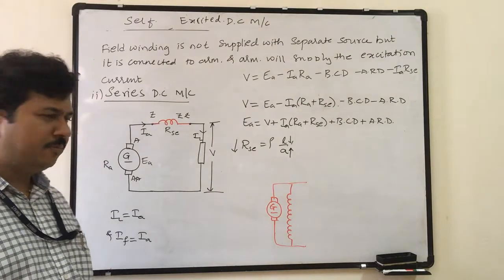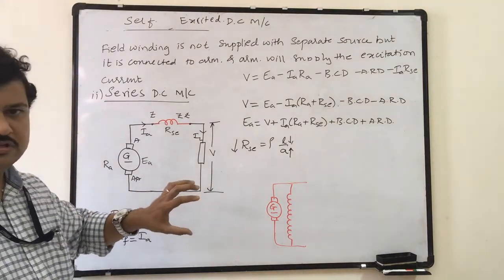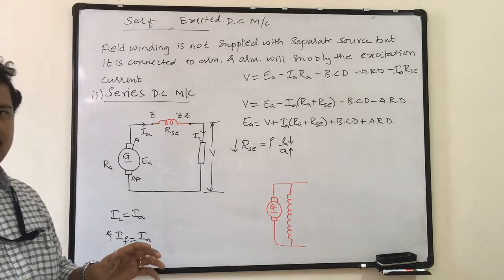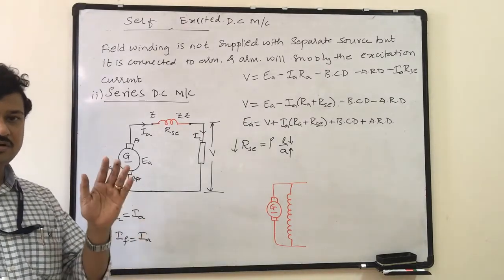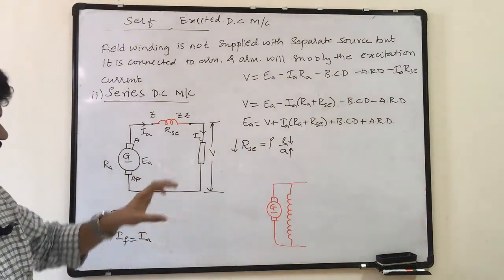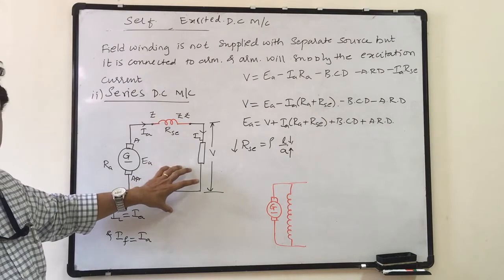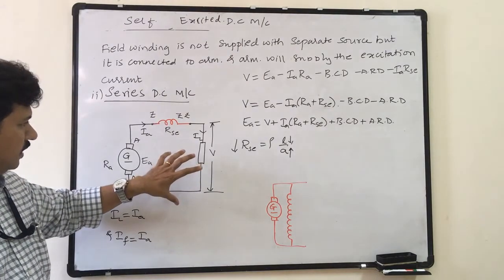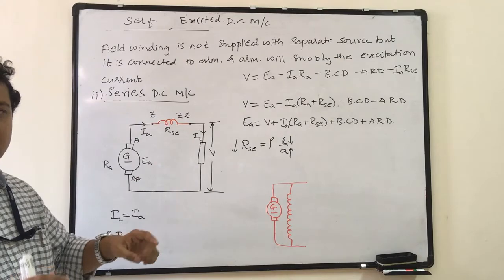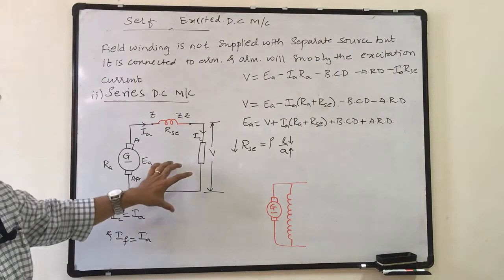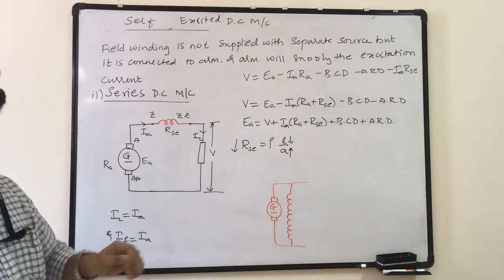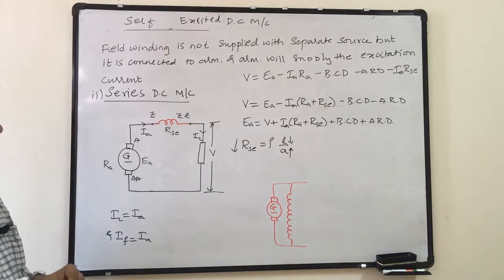So if you practice representing the things in a better manner, that is an added advantage in your examinations. You will get good marks, and you will not be losing the marks even when you make small mistakes here and there.